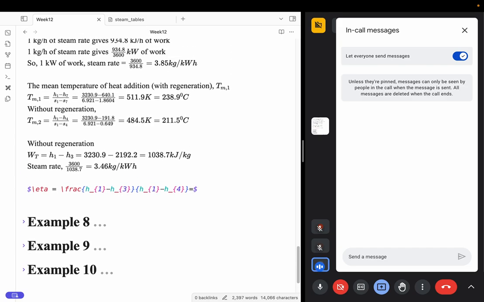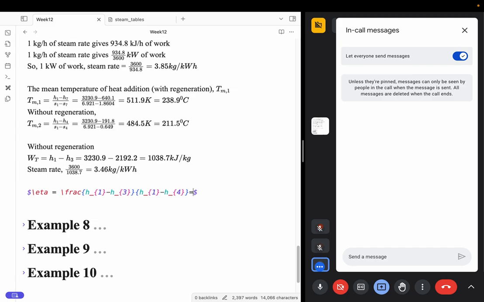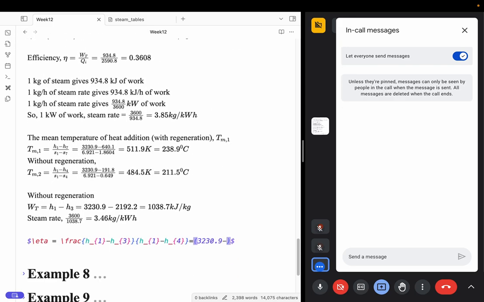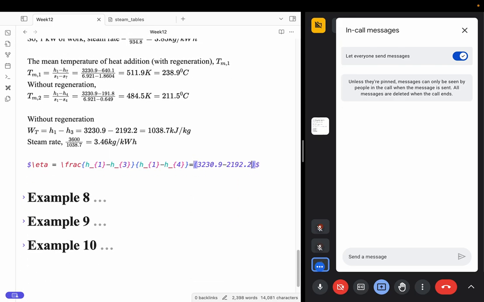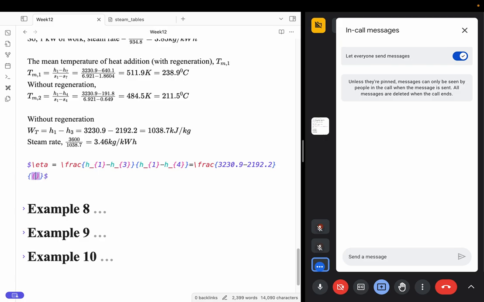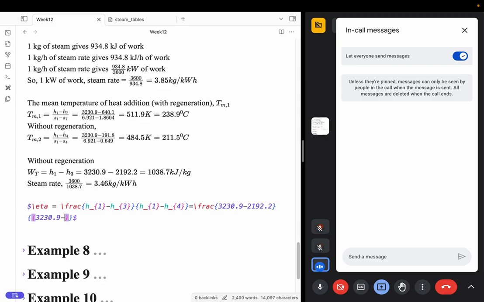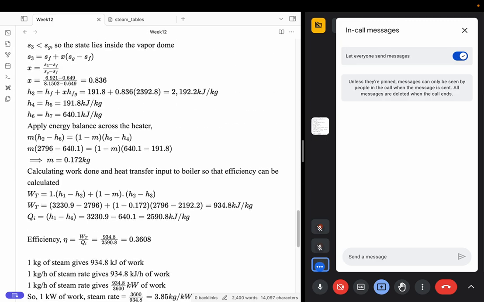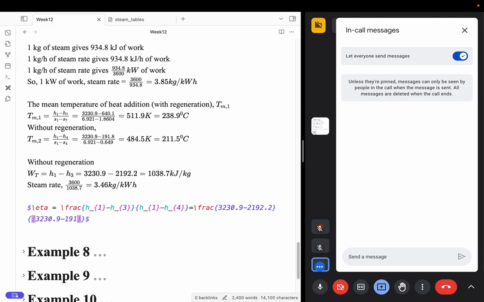H1 minus H3 we have calculated before: 3230.9 minus H3 is 2192.2, H4 is 191.8. That is coming to around 0.3418.